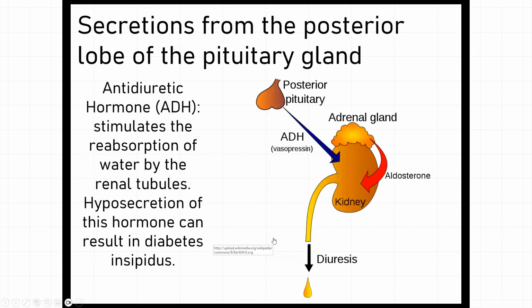Now the secretions from the posterior lobe of the pituitary gland. ADH, antidiuretic hormone, stimulates the reabsorption of water by the renal tubules. Hyposecretion of this hormone can result in diabetes insipidus, with a lot of urination.